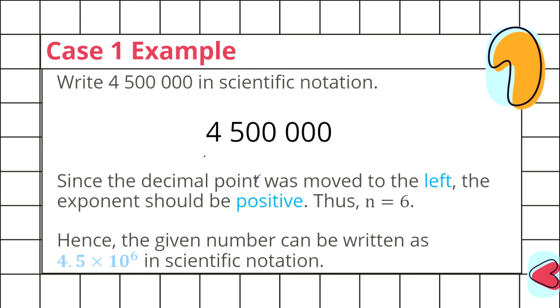Hence, the given number can be written as 4.5 times 10 raised to 6 in scientific notation. As you can see here, instead of writing 4,500,000, we can just write it in the form of 4.5 times 10 raised to 6.